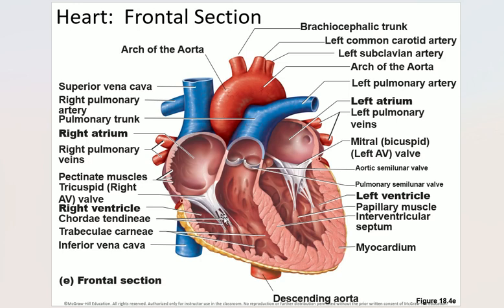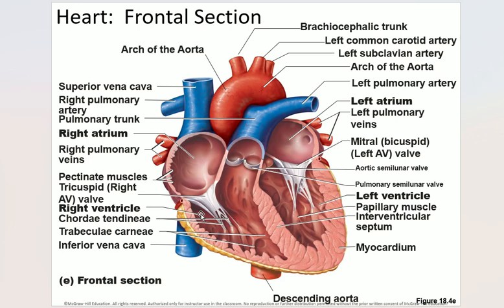Right AV tells you location, tricuspid tells you how many chordae tendineae there are, which we'll talk about in a second. But remember, anytime that you are labeling, to differentiate between arteries, veins, and valves, because a lot of these do have really similar names, like your pulmonary arteries, your pulmonary vein, right? You don't want to just put left pulmonary, then you're leaving out a big informative piece that's going to tell you what that bad boy does.